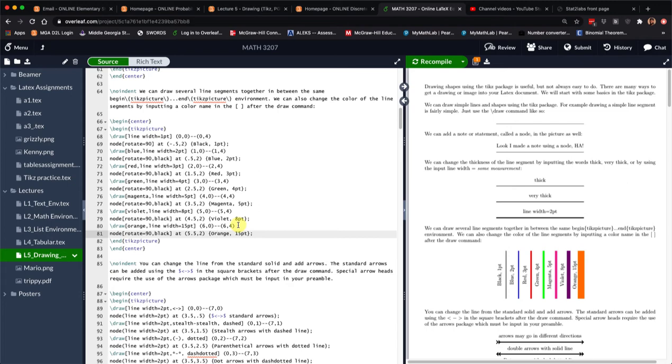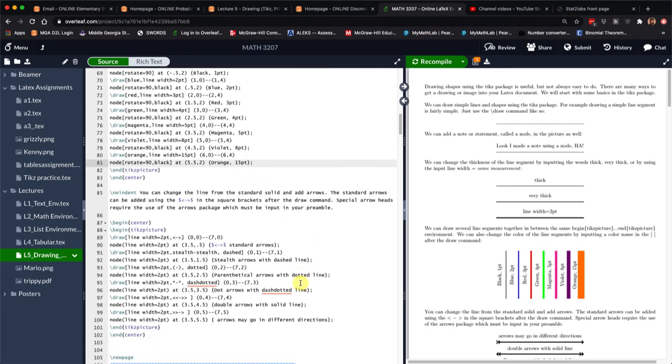You can change the line from a standard solid and add arrows to the ends if you want. The standard arrows can be used by doing the following. Right here, a double lined arrow like this, just a less than, minus, greater than symbol, and that'll put just regular arrows at the end of it.